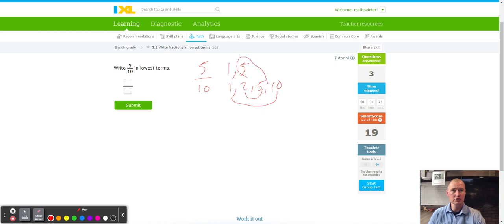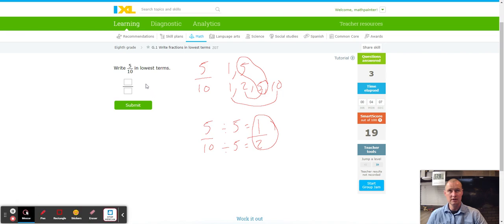But notice here that they both share a common divisor of 5, which means we can divide 5 and 10 both by 5. So 5 divided by 5 equals 1, and 10 divided by 5 equals 2. Did you know that 5 over 10 is the same thing as 1/2? That makes sense because 5 is literally half of 10. So 1 over 2 will be in lowest terms.